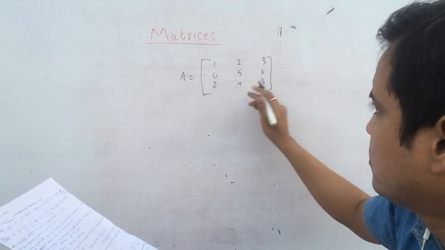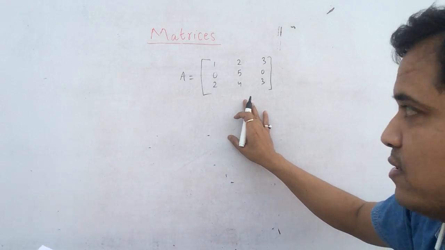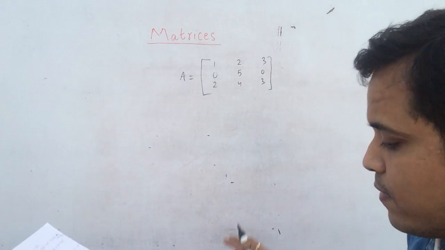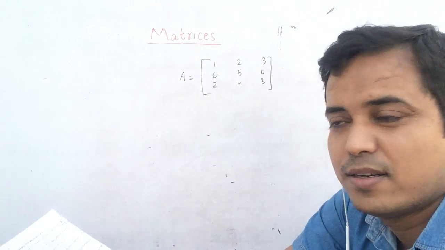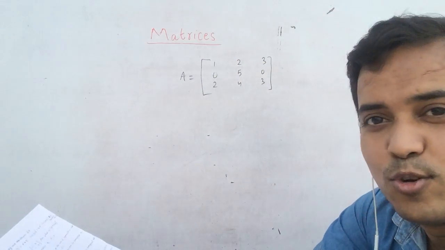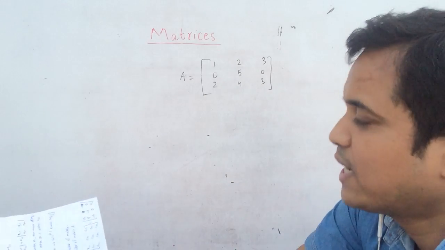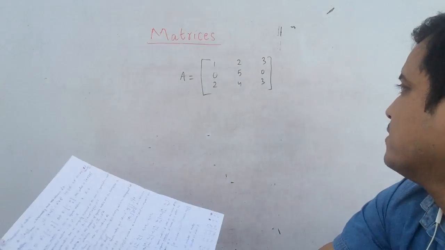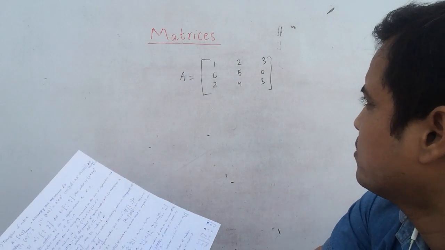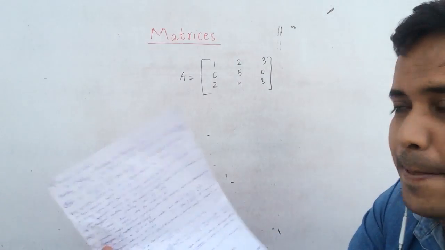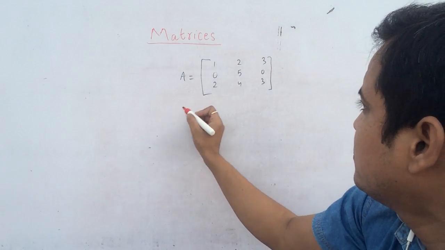This is a square matrix of order 3, and you need to find the cofactor, and we'll also find the adjoint. So how would you find it? First you have to find the minor.